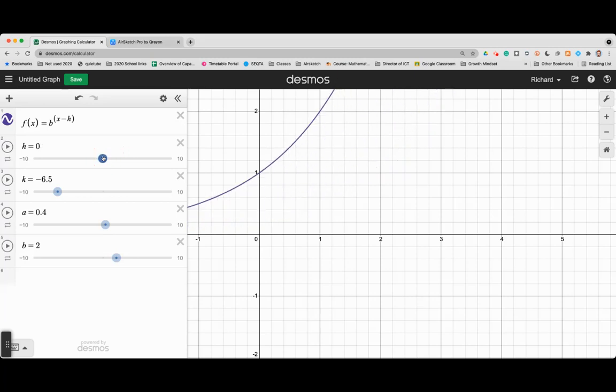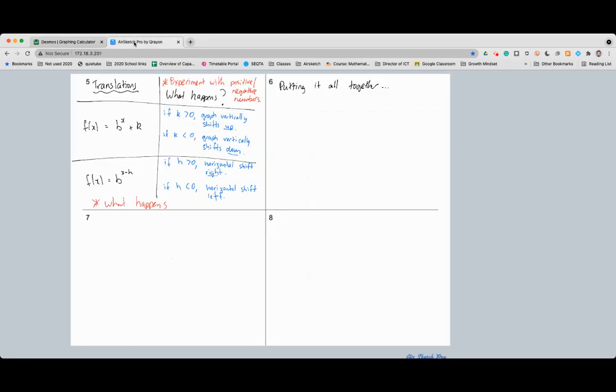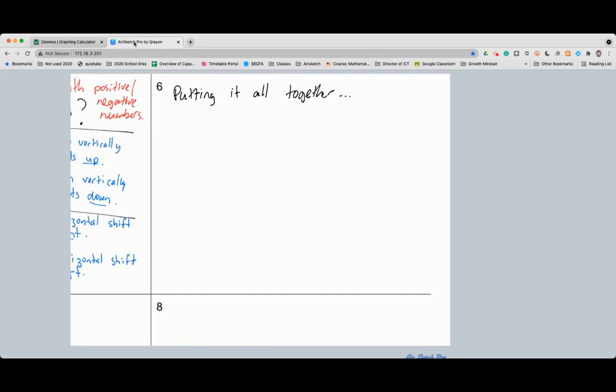Okay, so that's a bit tricky, isn't it? So conscious there's only 3 minutes left and it's your second last lesson. So really briefly then, these are a set of transformations that we're going to be using over and over again. And the point of the transformations is that by applying a bunch of transformations, we can get a brand new graph. So if I choose something like y equals 3 multiplied by 2 to the power of x plus 1 plus 4, I can take my basic graph and I can say, well, it's gone up 4 units.